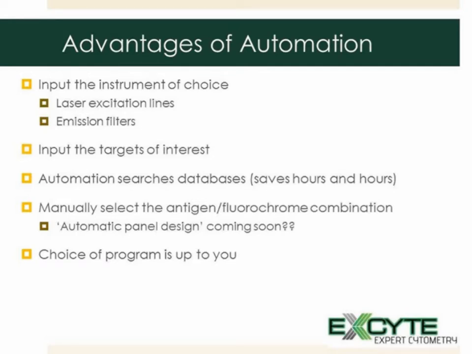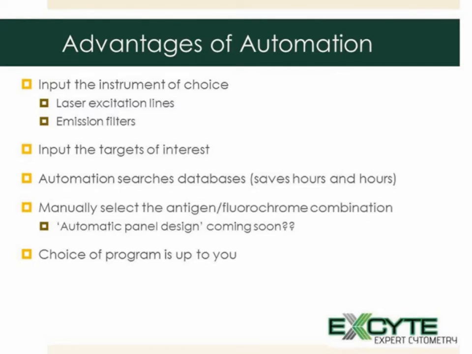All of these programs work with the same approach. They allow you to input the instrument that you're using. This includes the excitation lines and the emission filters. So the software then knows what fluorochromes are possible and where there's going to be overlap, and will often give you warnings saying if you choose this fluorochrome, it's going to affect these other channels. It lets you input the target of interest.